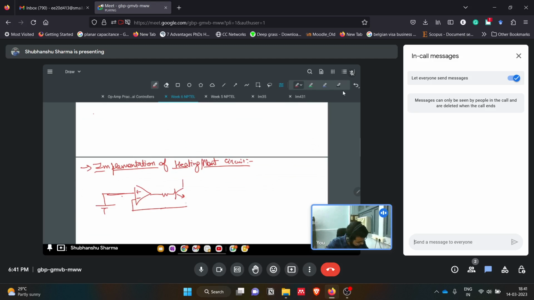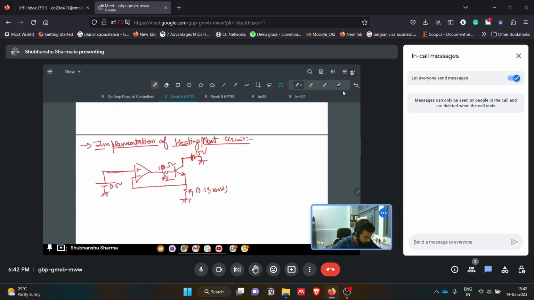So this resistor is 0.1 volt, 100 watt. To this transistor we are giving a supply of 15 volts, and this is 180 ohms. So this is the circuit.